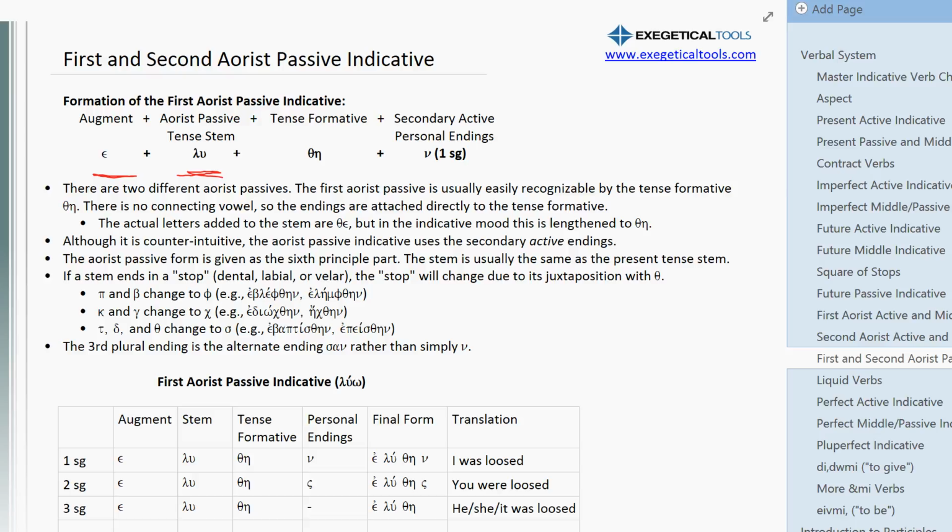Somewhere I had that this is the sixth principal part. So if you're curious what an aorist passive tense stem is, you're going to have to go to either a lexicon or to a grammar that lists principal parts, and in the principal parts you'll have 1, 2, 3, 4, 5, 6, and in that sixth position there will be the aorist passive tense stem, if it lists all of them.